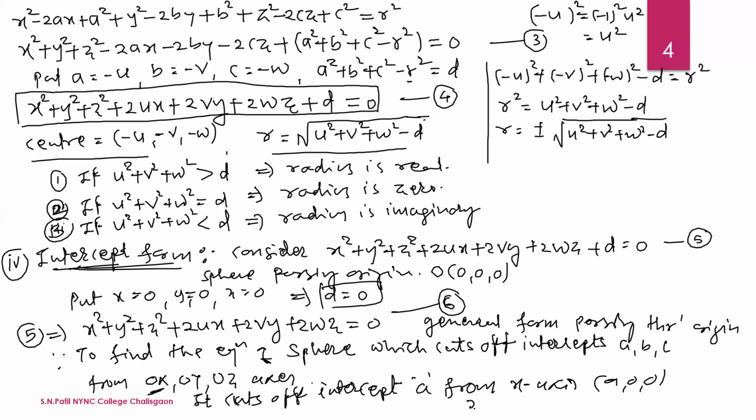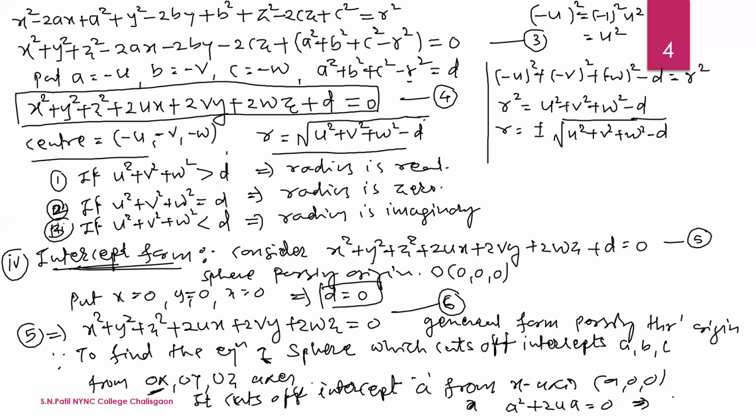Then the value of x is a, so a square plus 0, y square is 0, z square is 0, plus 2 times u a. Last two terms are 0.